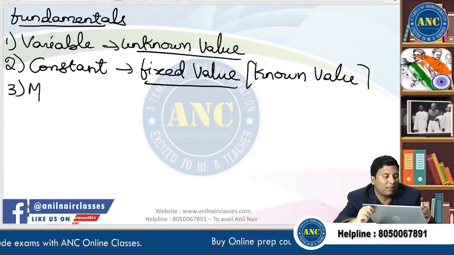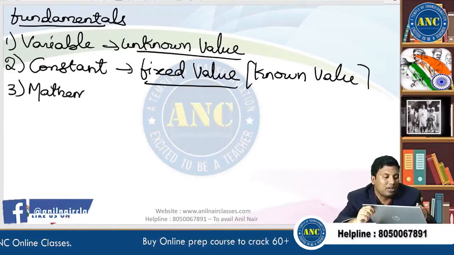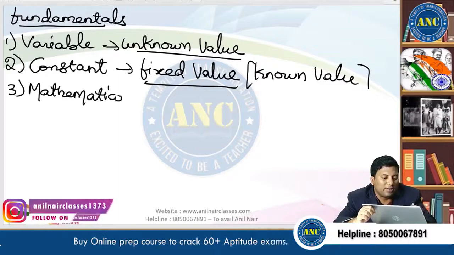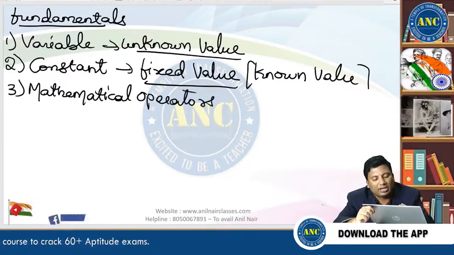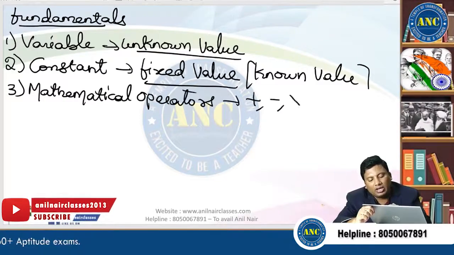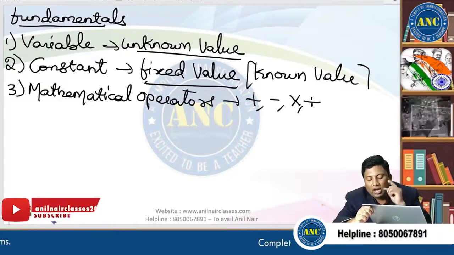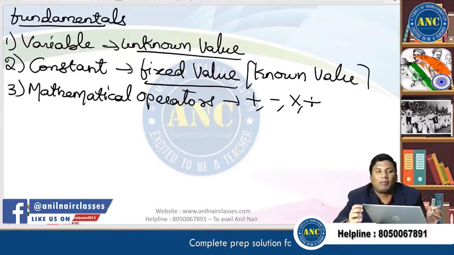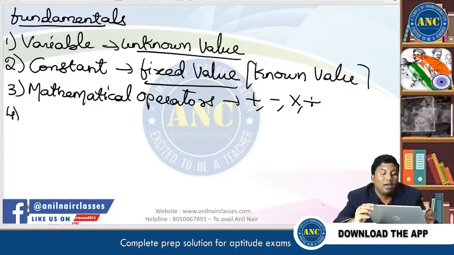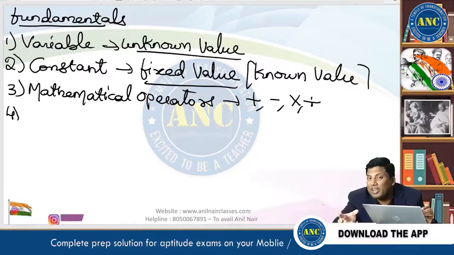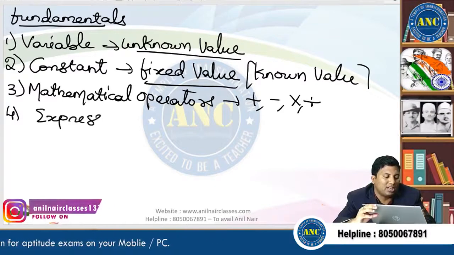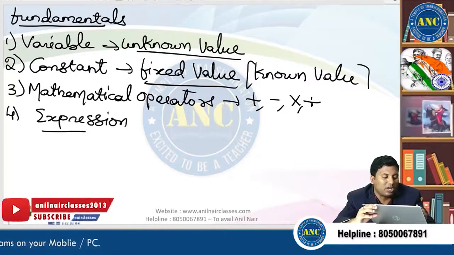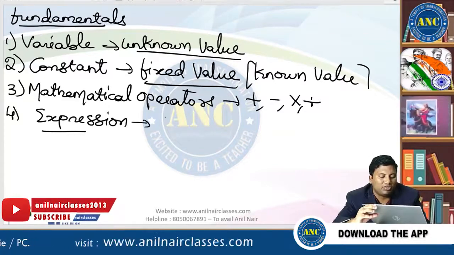Third one, what are mathematical operators? Mathematical operators could be addition, subtraction, division, or multiplication. All these are mathematical operators. If I combine mathematical operators with variables and constants, I get an expression which we call an algebraic expression.